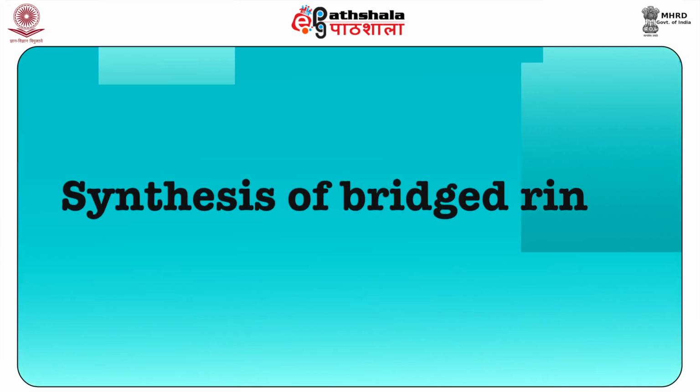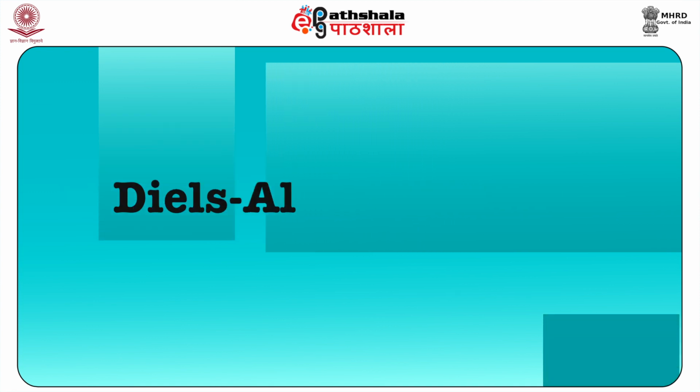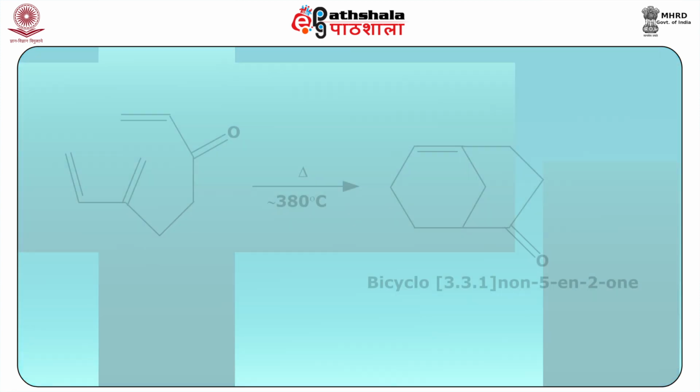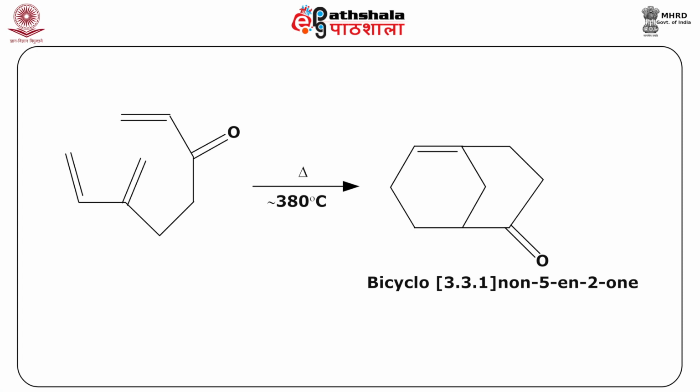Synthesis of the bridged rings. Diels-Alder reaction. Intramolecular Diels-Alder reactions are widely used for the construction of bridged ring compounds. The use of 2-substituted butadienes gives a series of bridgehead alkenes and bridgehead enol lactones.